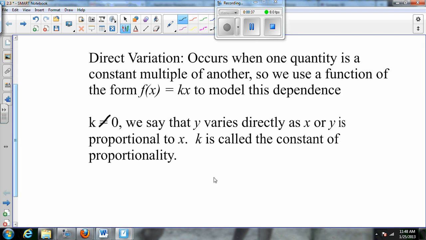So it's really similar to slope-intercept form. The k is like your slope. And there's no y-intercept, it's b.